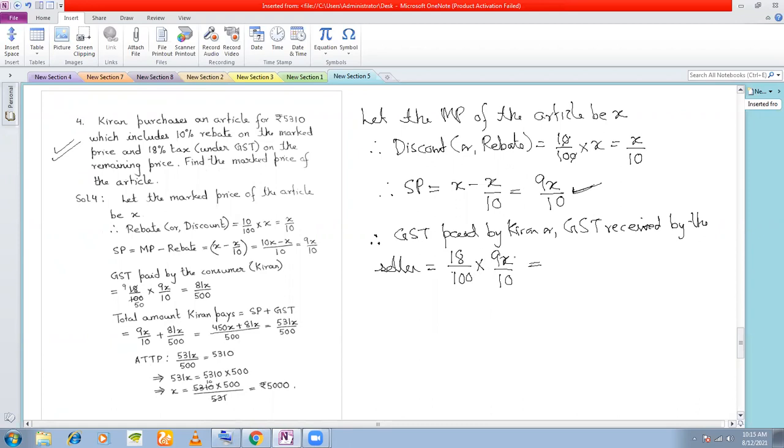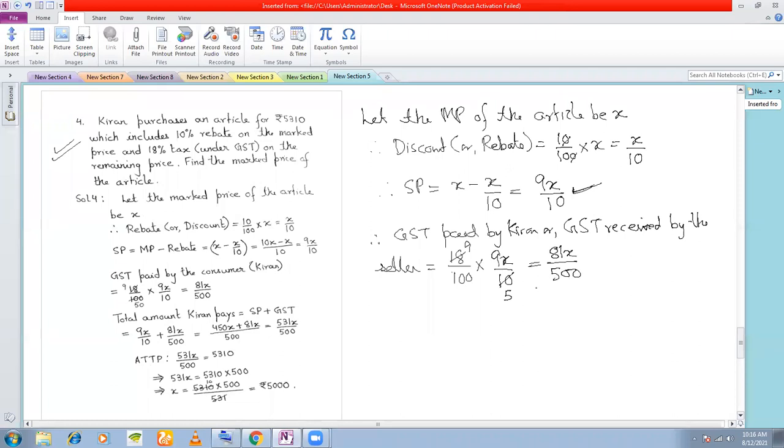Okay, so you can cancel this here. To get 81x by 500. This is the GST. Okay.